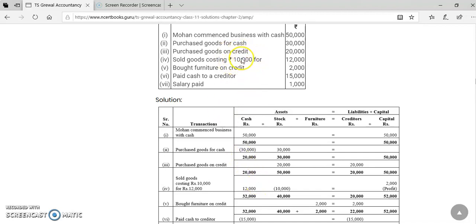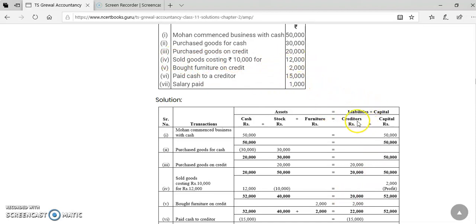Out of the business means your asset is decreasing. Earlier you had 50,000 stock. Once you deduct 10,000, it comes 40,000. Got it? Equal to.